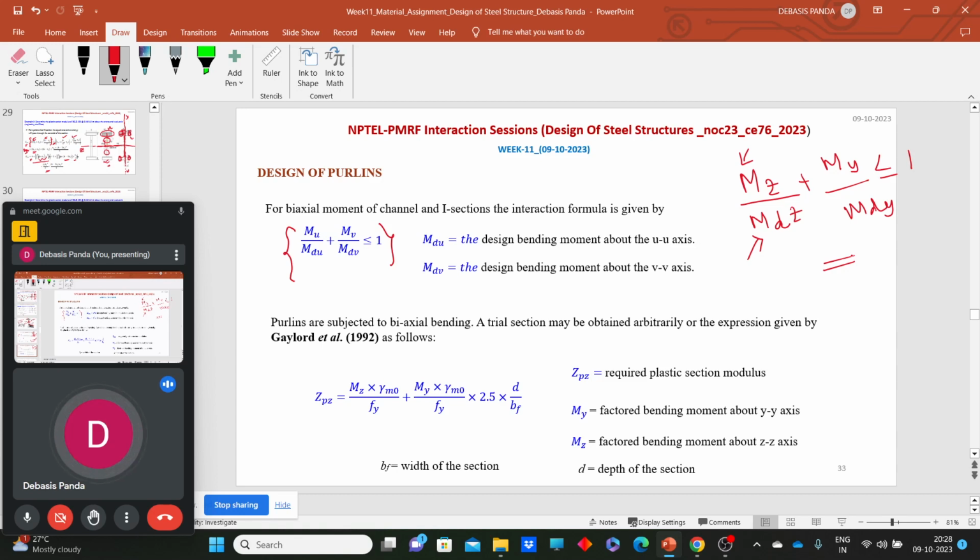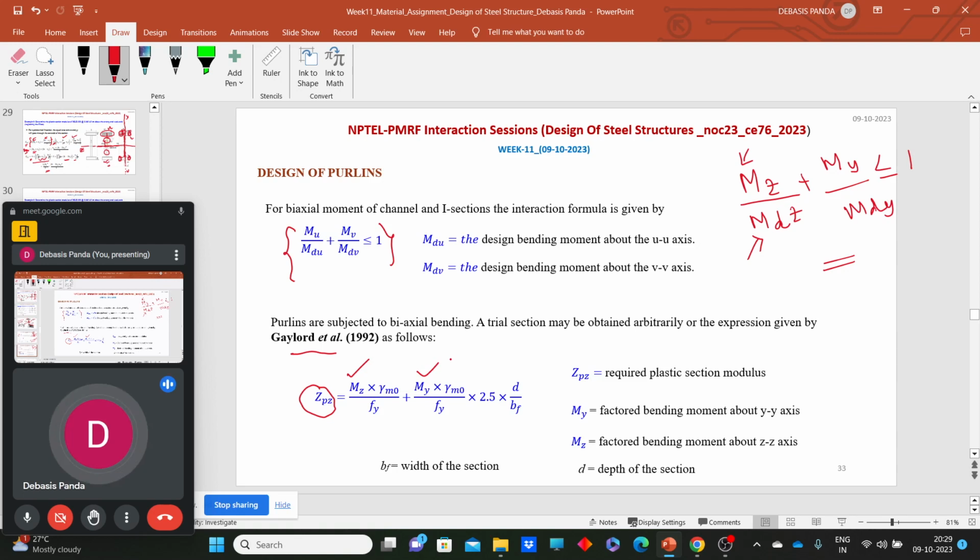So for calculating the required plastic modulus, we prefer the formula of Gaillard et al., published in 1992. Generally this formula is used to select the required section of the purlin, or more precisely to calculate the required plastic sectional modulus. That formula says you need to consider the moment about both axes, Mz and My.